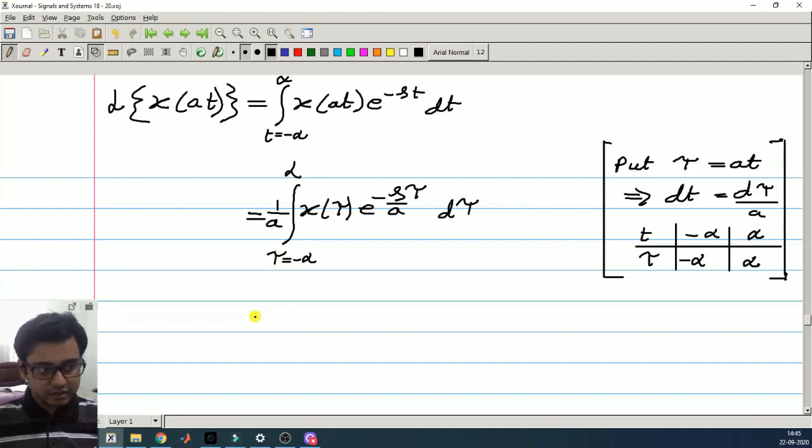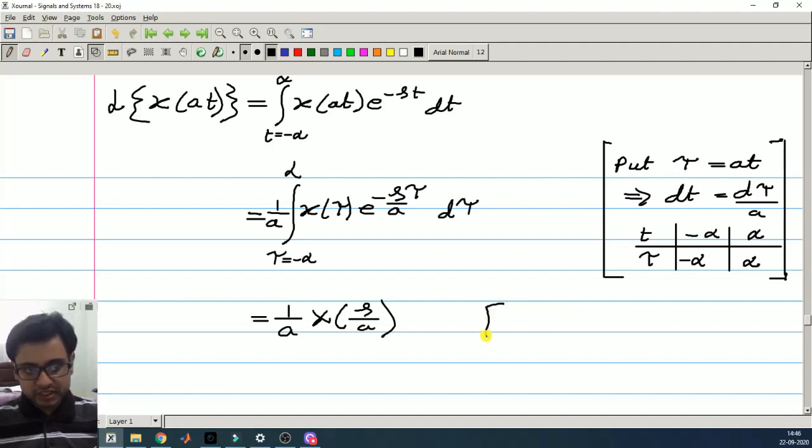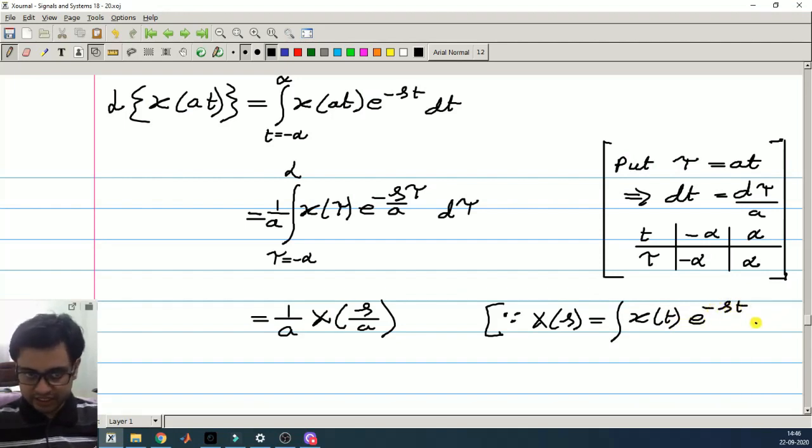Then this is 1 over a, and this integration can be written as capital X of s by a. This is since capital X(s) is the Laplace transform of x(t), that is x(t) e to the power minus st dt integrated from minus to plus infinity.